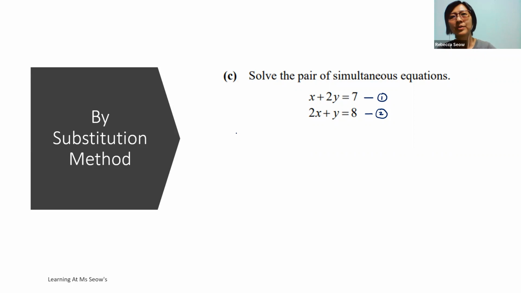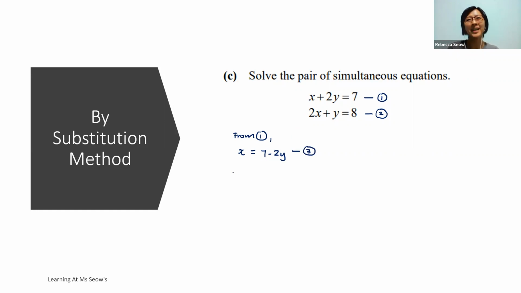Let's take equation 1. We have x plus 2y equals 7. From there, we could make x the subject by bringing 2y over to the right-hand side. So x equals 7, take away 2y. Through that, we form equation 3.